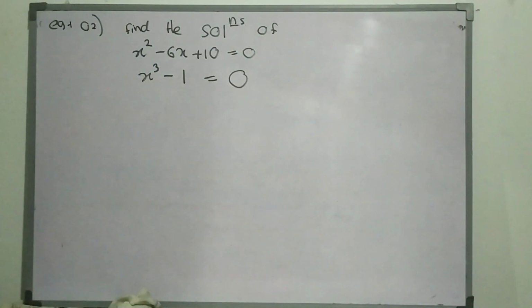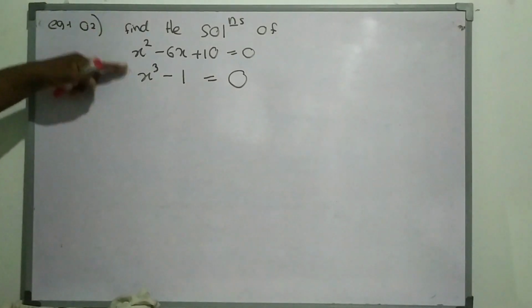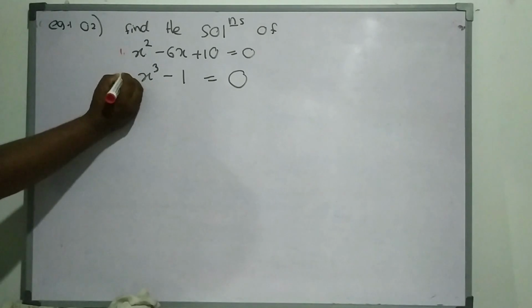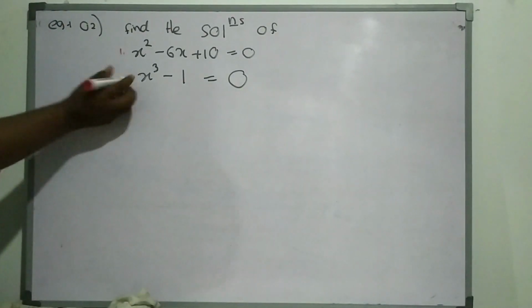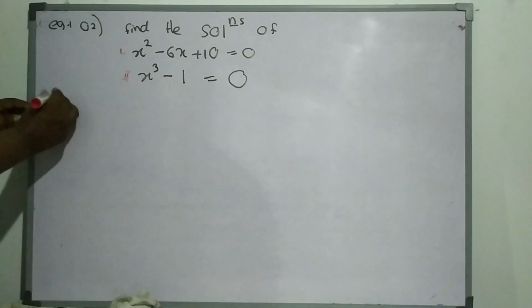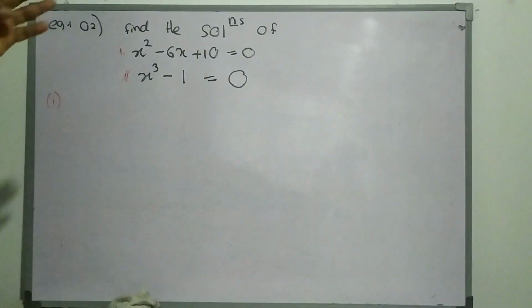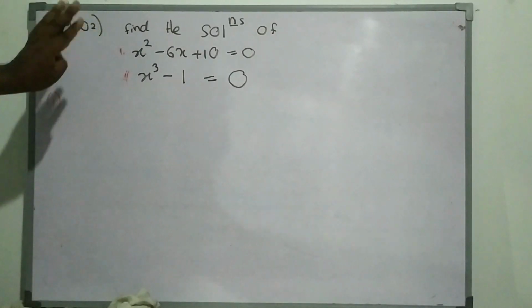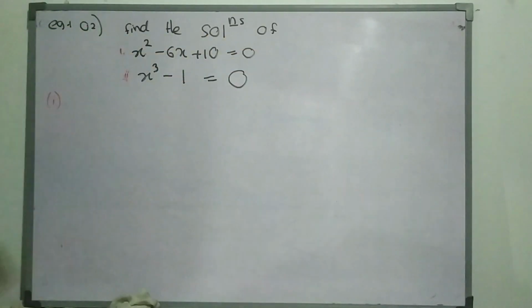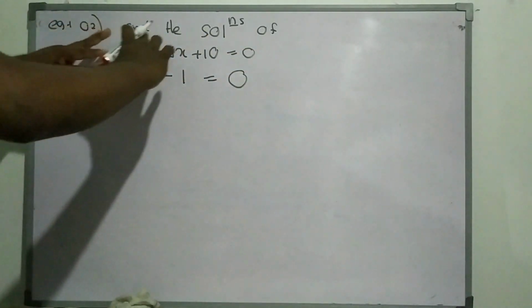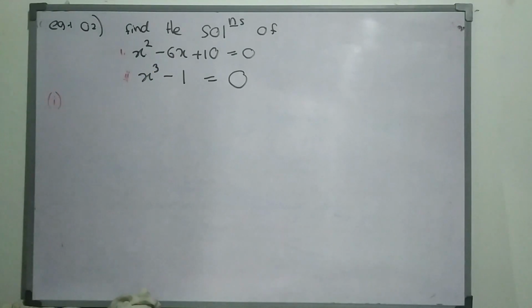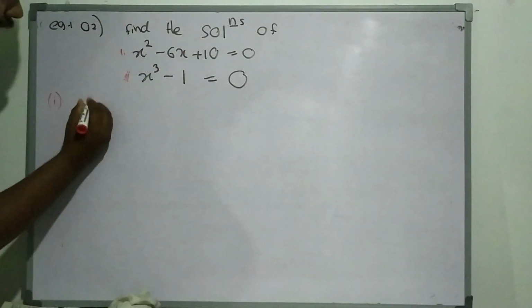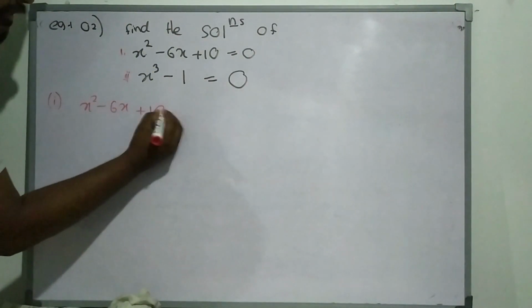Okay, let's look at another example. Find the solutions of the quadratic equations. This is number 1, this is number 2. First one I'm taking, I think we did this in the first tutorial, the very first discussion, we simplified these kinds of quadratic equations. x squared minus 6x plus 10 equals 0.